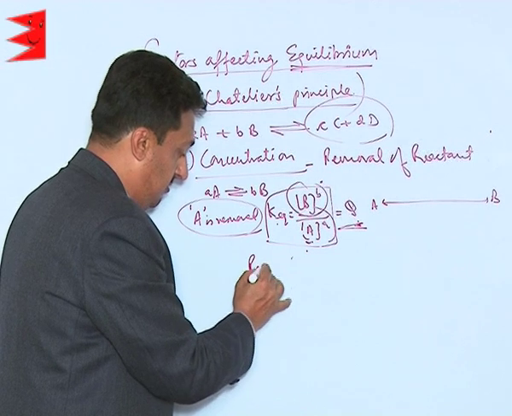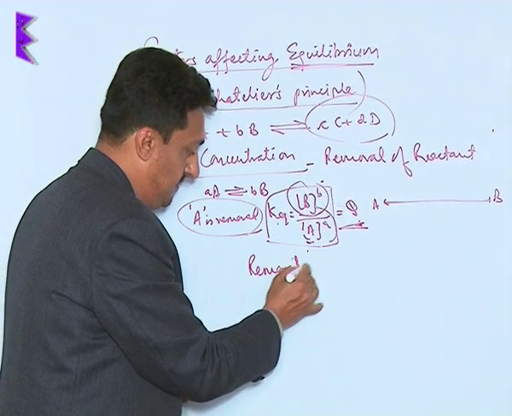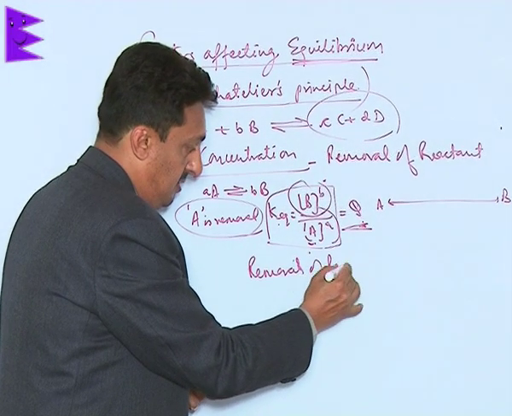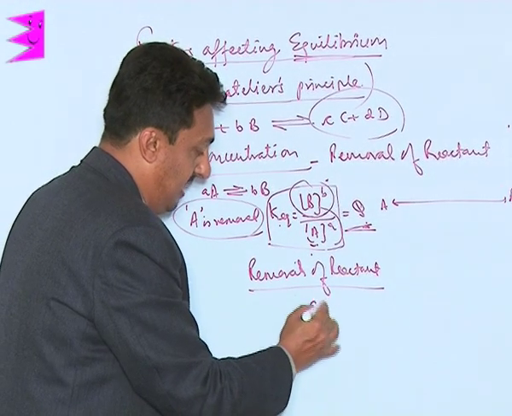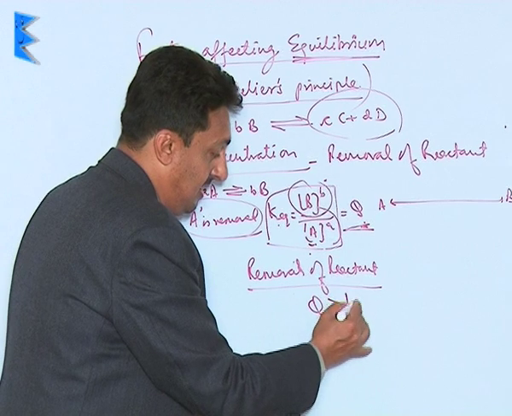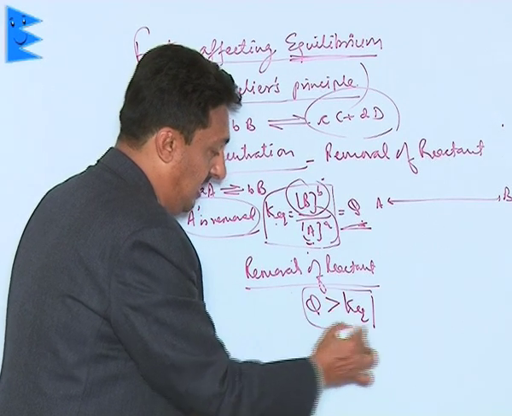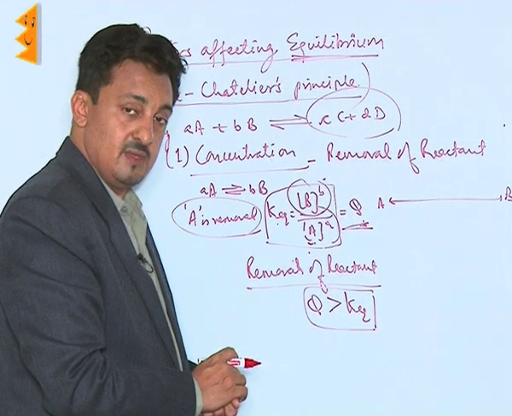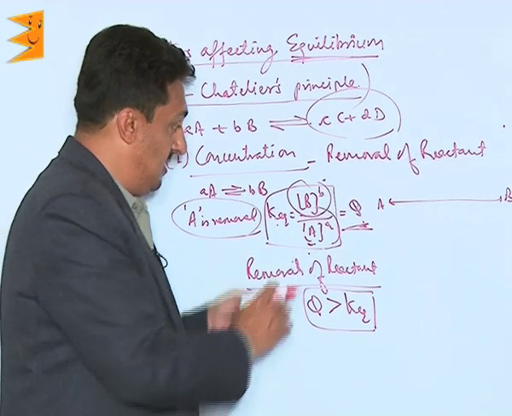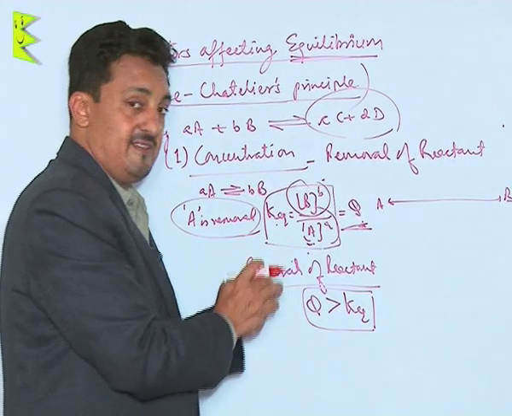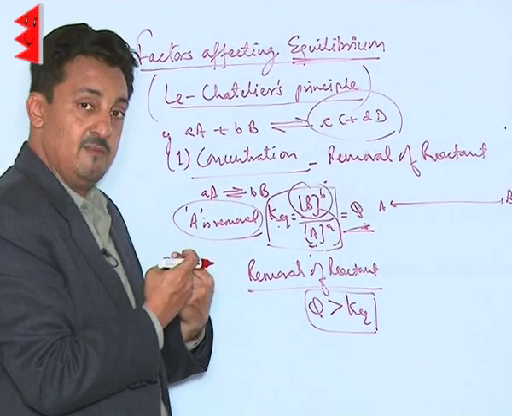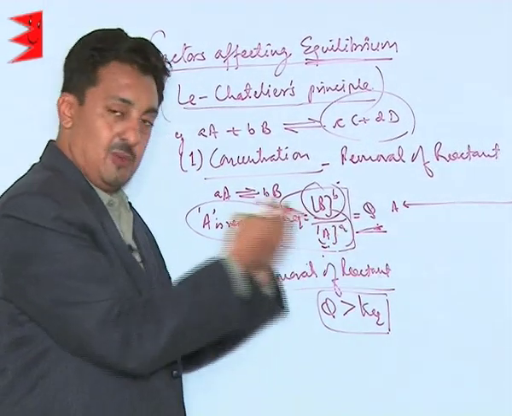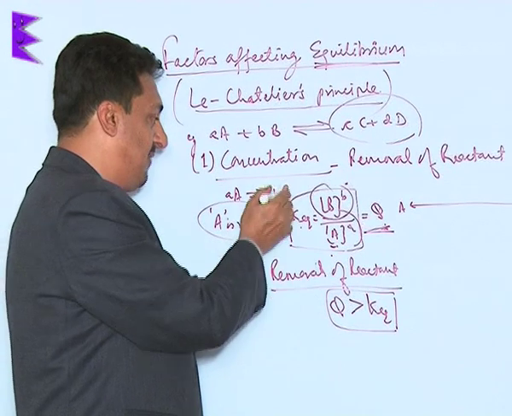So the removal of reactant will make this Q again larger than your K equilibrium. So what will happen? Since now you have more amount of the products, they will start reacting in a much faster way, so that more of the A is formed. The rate of the backward reaction gets increased, so that more of the A is formed.